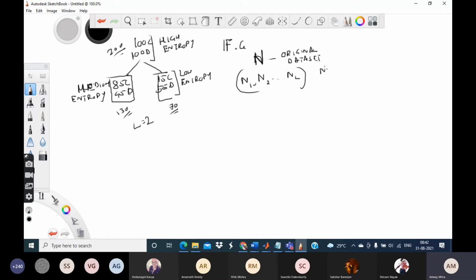So N1 plus N2 plus all the way up to NL is equal to N. That is, all the N examples I have divided into these many subsets.